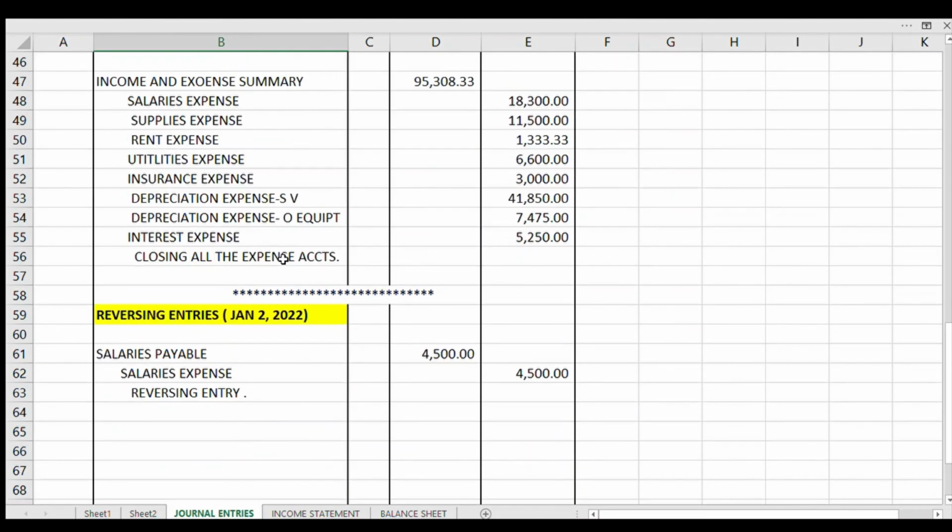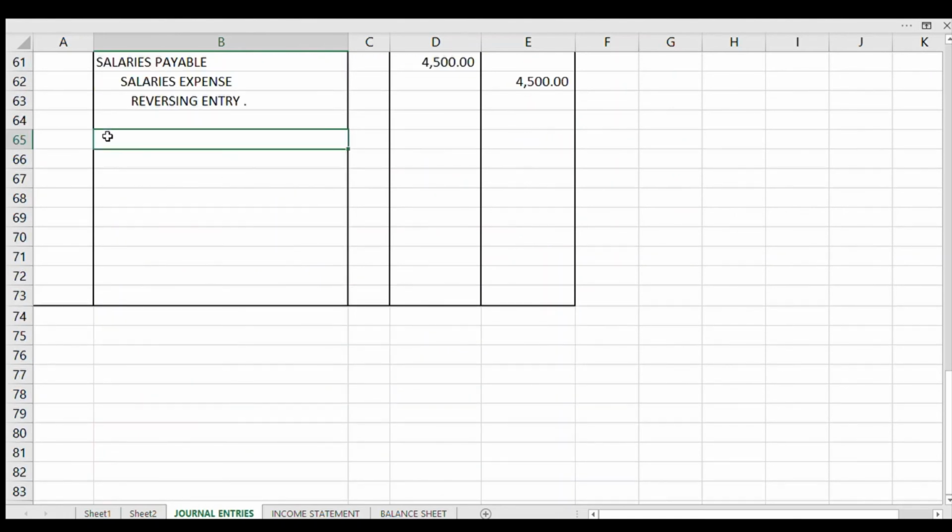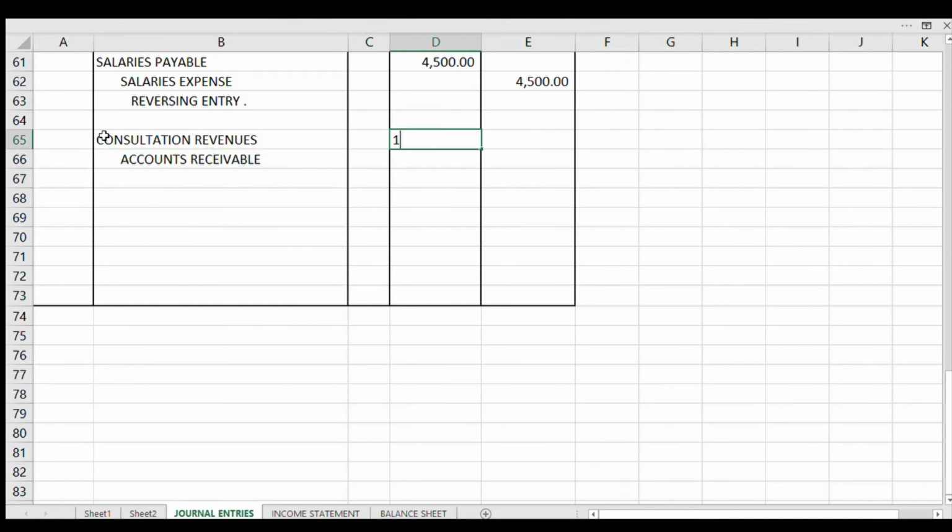So we will reverse consultation revenues and accounts receivable, amounting to 1.5. All right, so the amount is 1.5, so I will just format it.